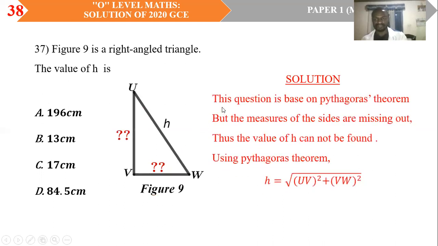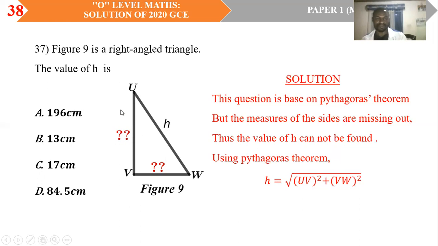Solution. This question is based on Pythagoras theorem, but the measures of the sides are missing. When you look at this side UV, it is a question mark, meaning that the side has not been given. VW, question mark, the side has also not been given. If the answers were given in terms of these points, we would have used them to give an expression for h.